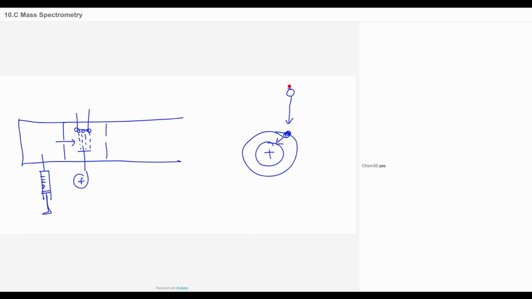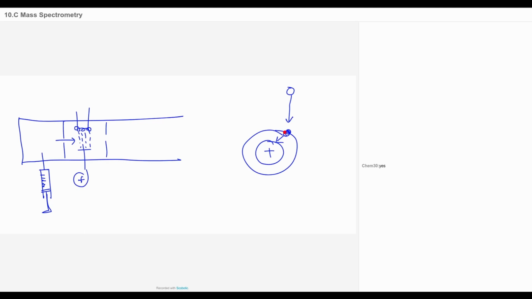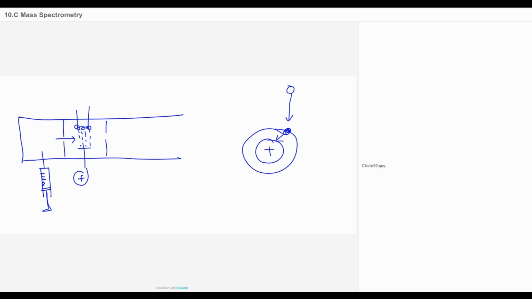Both electrons have the same mass, but the electron from the electron gun has very high energy compared to the electron which orbits the nucleus, because it has a very high velocity and therefore kinetic energy. So when this electron from the electron gun comes close, there will be a repulsion.